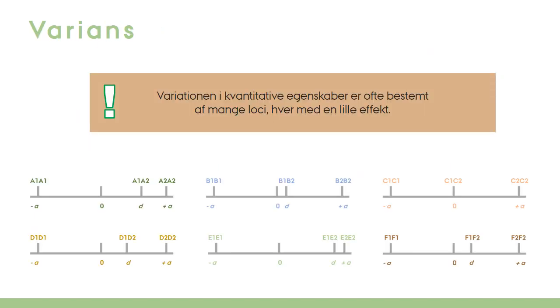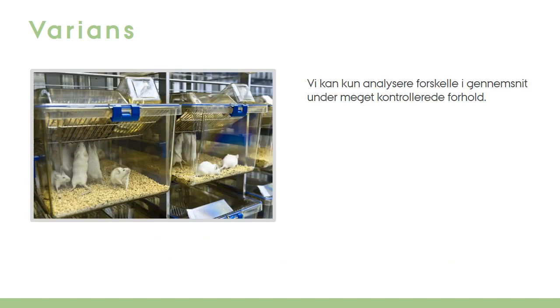I would like to start this part of the lecture with the key message from last lecture, which is that variation in quantitative traits is defined by many different loci, and each locus has its own small effect. Now, one way to analyze the differences between treatments or between groups would be by controlling the environment, like we do with laboratory mice.